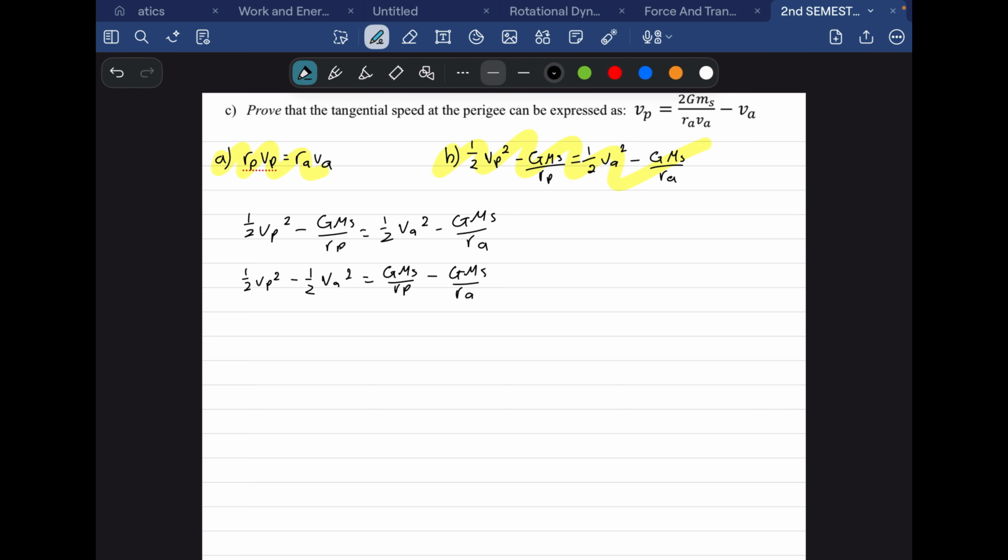Then I'll factor out common terms. Like on the left side, you can factor out the 1/2. And then on the right side, you can factor out constant G and then the mass of the sun.